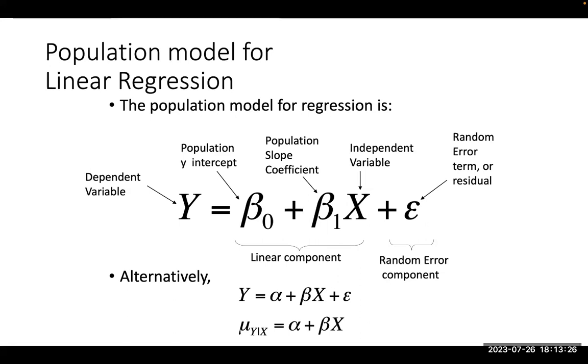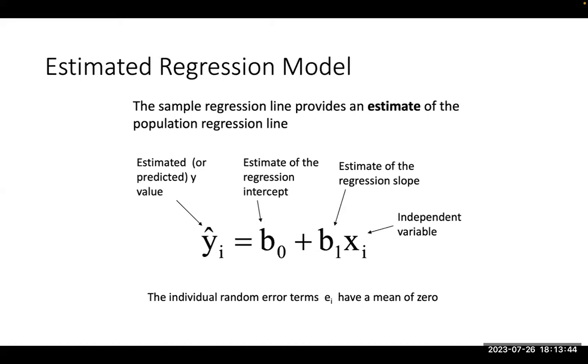There are alternative ways to depict it. But what's important to know, whenever you look at a regression function, these will be the factors that you are seeing, and this is what you will be seeing in the output. Any questions on this? Well, this is an alternative way to look at it, which you will also see quite frequently. You have a y hat, and your y hat is basically your predicted y.